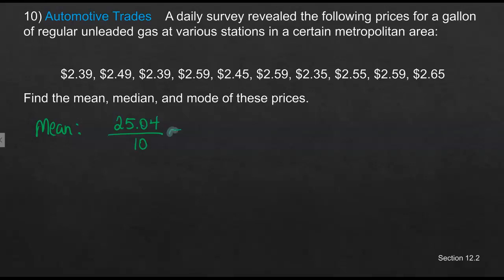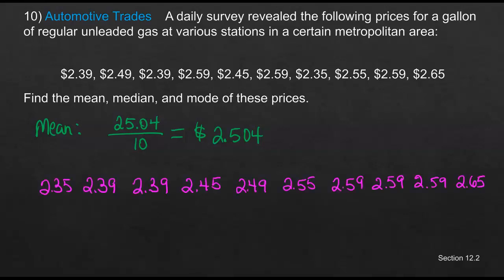And that is 2.504. And I just left it that way, so you could kind of see that's a little bit more than 2.50. For my median, I'm going to write out all these numbers. So I'm going to pause it and put the numbers on the screen and then come back. We're short on time, and I didn't want to have to do another video for just this little bit.